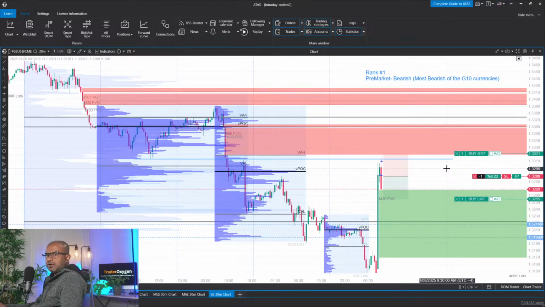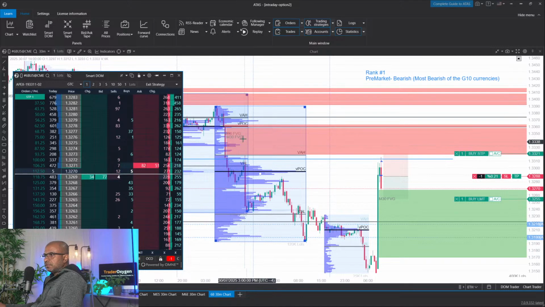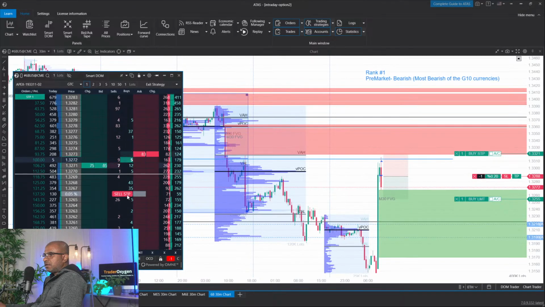Looking into this, and then again looking into smart DOM, you can see the trading is happening over here, but it's slightly slow now compared to a few minutes ago.